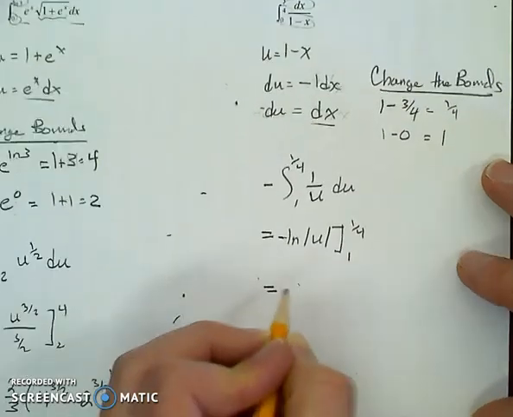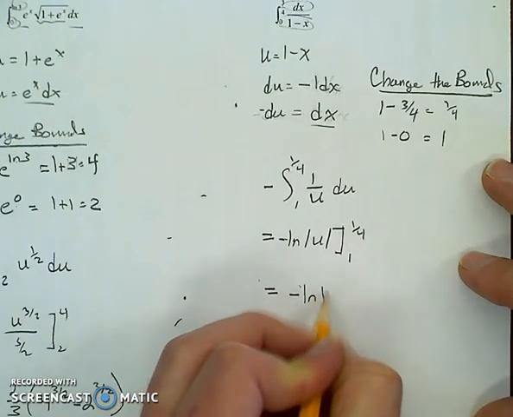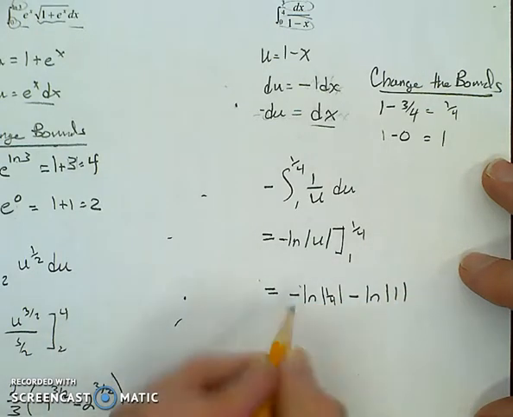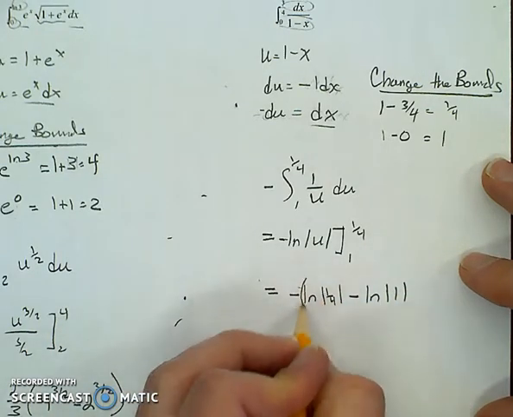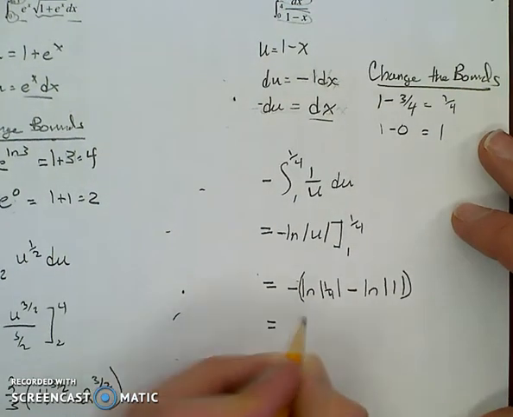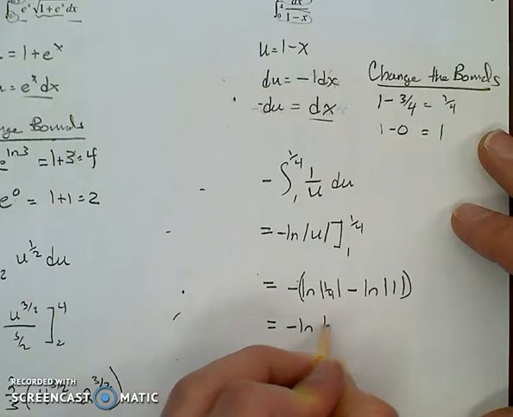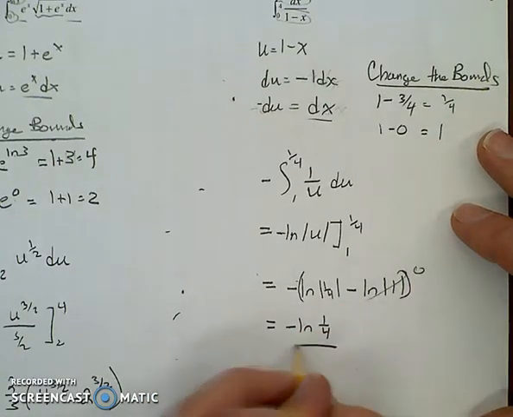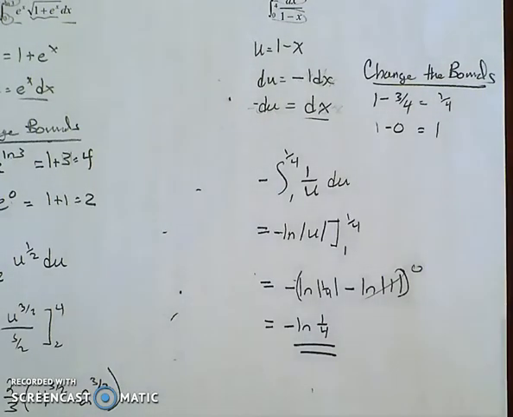And so we get negative, ln of 1/4 minus ln of 1, and that negative we need to make sure is in parentheses there. The ln of 1 just goes to 0, so we're left with negative ln of 1/4.